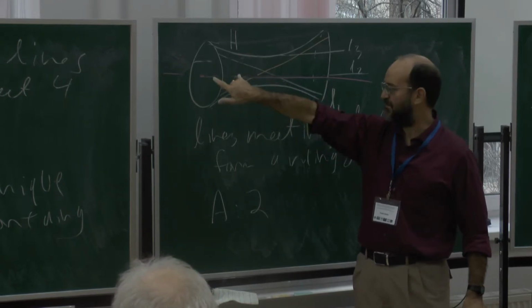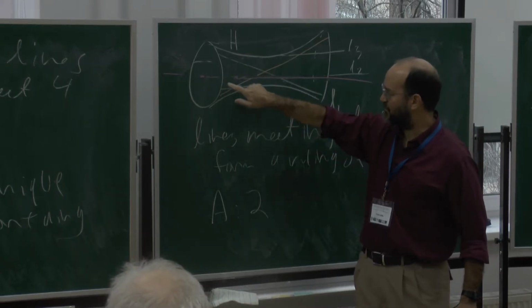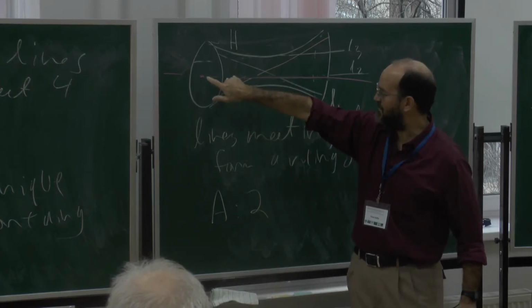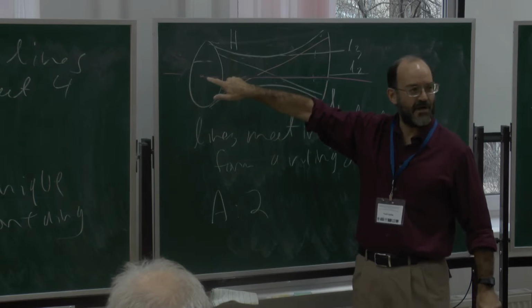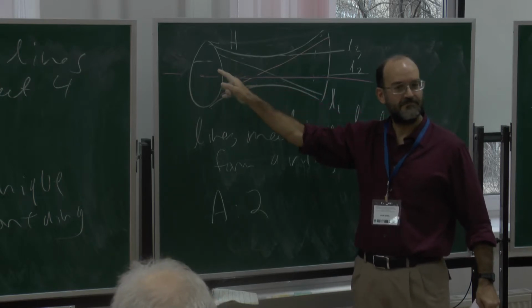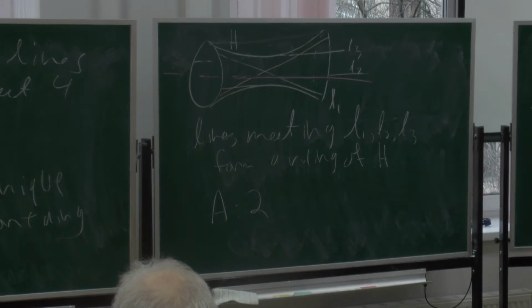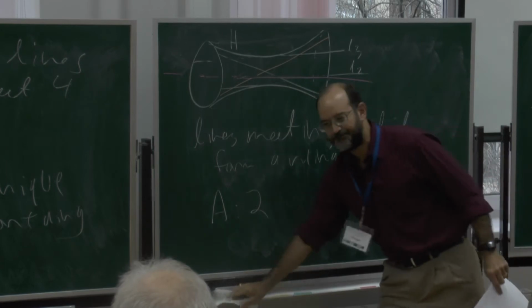Fixing the 3 lines and rotating the 4th one interchanges the 2 lines, because as L4 rotates, the 2 lines have to move with it. They're dragged along and they interchange position. So the Galois group is S2 here. So this is full symmetric, or not deficient.